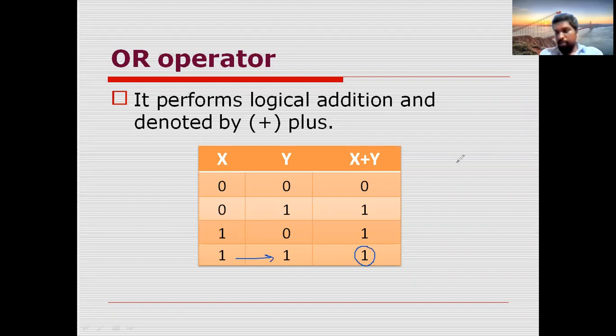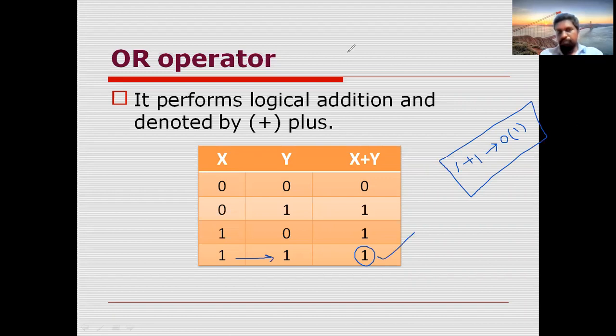But in binary addition, you will get sum 0 with carry 1. That is the condition you follow in binary addition, but I am speaking about Boolean algebra. In Boolean algebra, 1 plus 1 is equal to 1 always. You need to remember that.